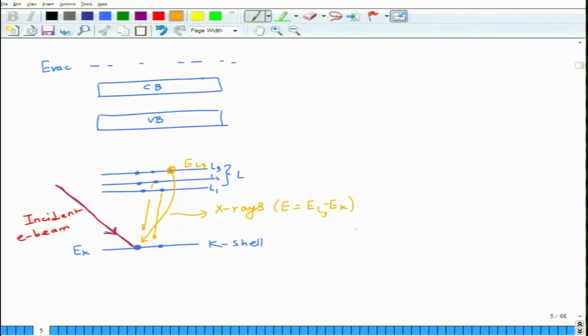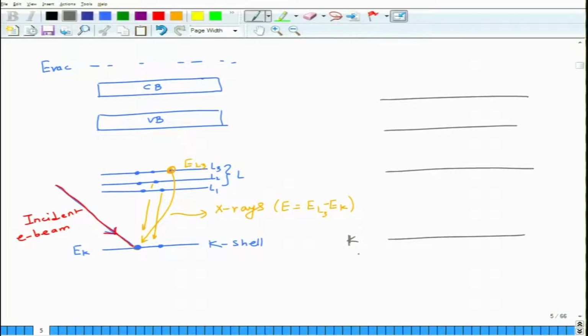So, you can now draw this as the K edge, and then we can have L, then we can have M, and then we can have N. Transition from L to K is referred to as alpha transition.